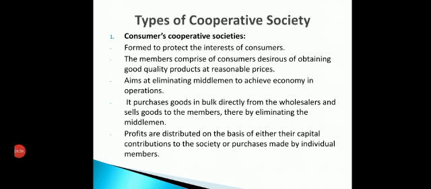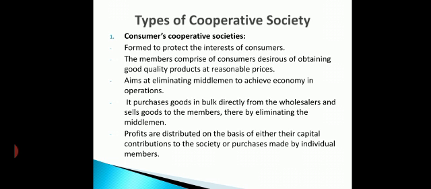Now, to avoid such middlemen and to reduce the price of the product, consumer cooperative societies are formed, where such societies purchase goods directly from the manufacturer, and the benefit is directly given to the consumers who are desirous of obtaining good quality products at reasonable prices.